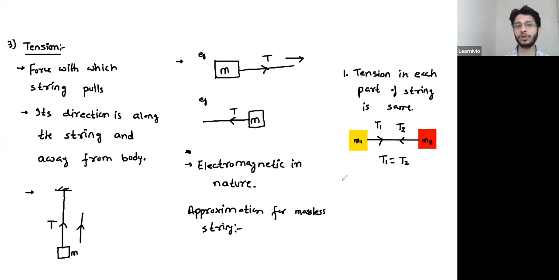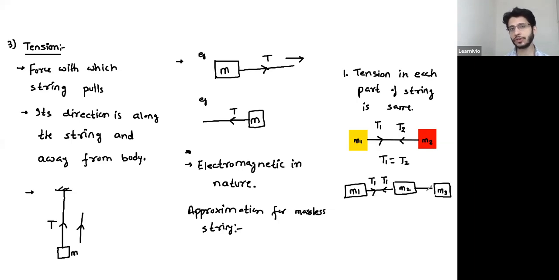But if you have two different strings, like I take this as mass M1, this as mass M2, and this as mass M3, now you have three masses and two strings. The direction of tension is along the string and away from the mass. So this is T1. On M2, the tension will remain T1 only because it's the same string.